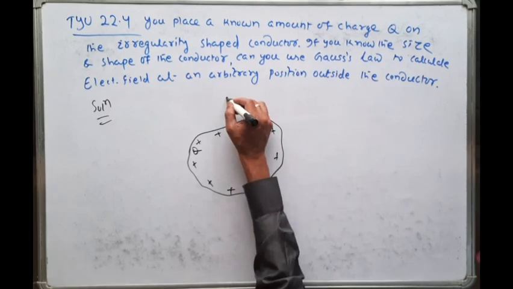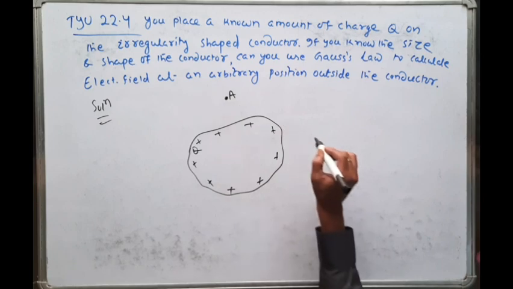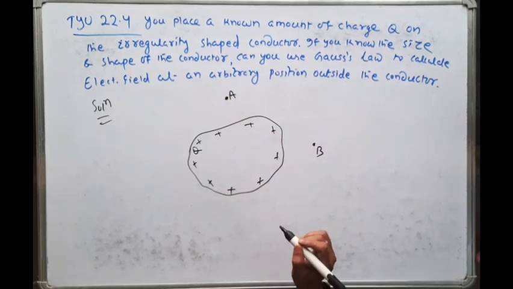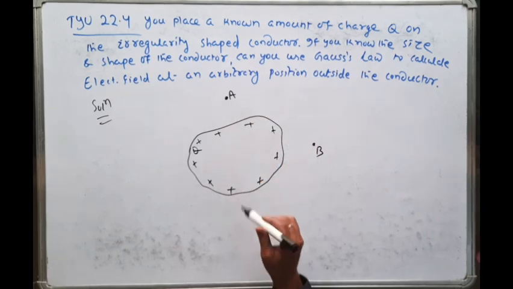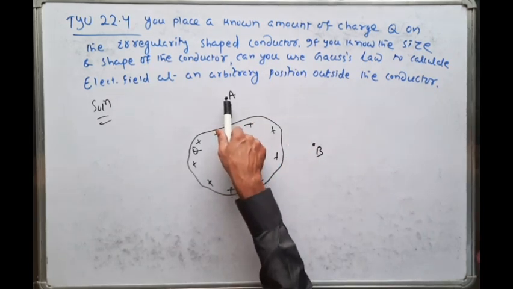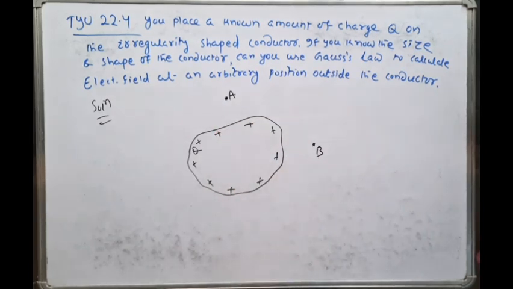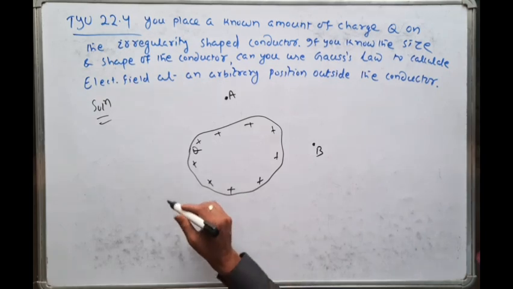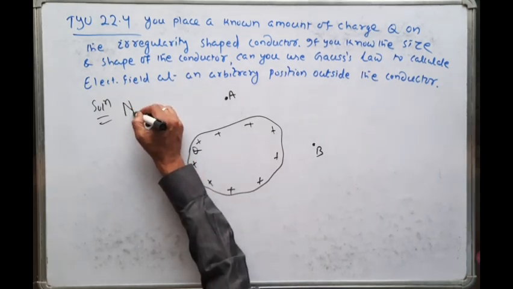Suppose I want to find electric field intensity at point A and at point B. Can you apply Gauss law to find electric field intensity at A and B? Our answer is definitely no.